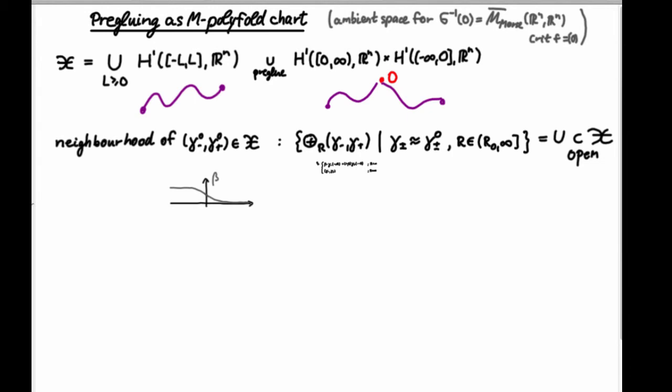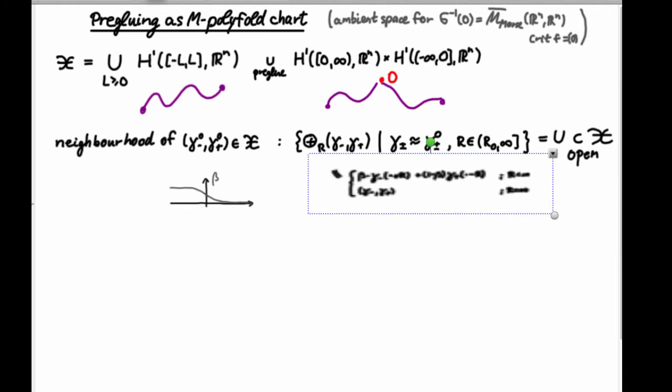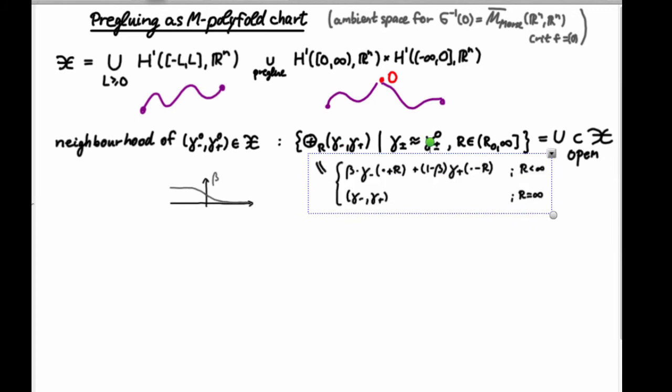And pregluing now has become this little plus sign, but it's the same formula. So near a broken curve, gamma 0 minus, gamma 0 plus, I ought to take two curves that are very close to that and some gluing parameter. If it's infinity, I don't glue them.